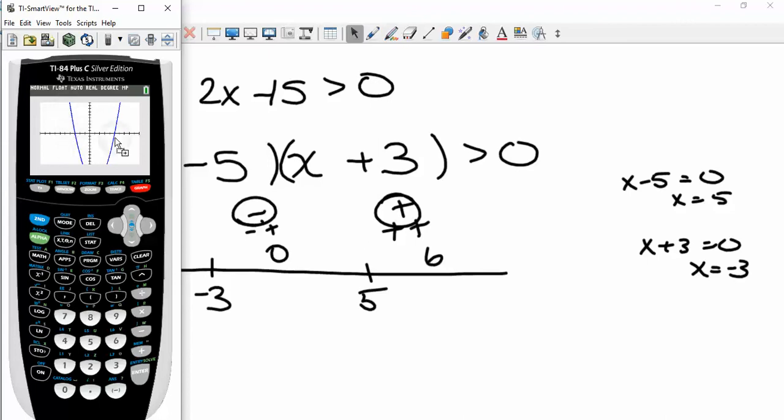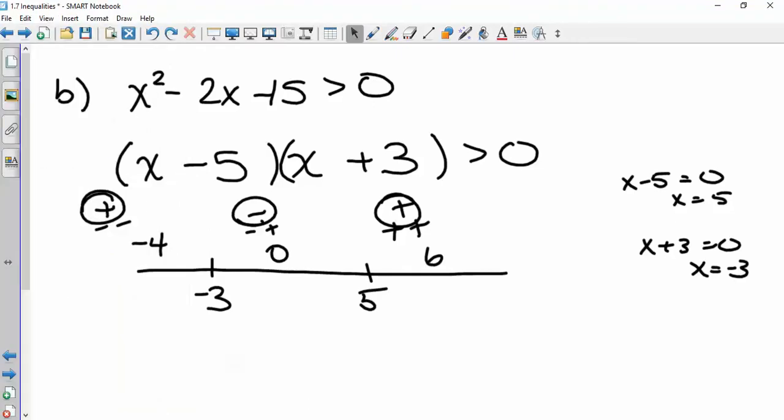Alright, so we can see before the -3 it's greater than 0 because it's positive. In between it's less than, so it's negative. After, it's above again, so positive. Which answers did I want? Greater than means positive. So that's all of this and all of that.